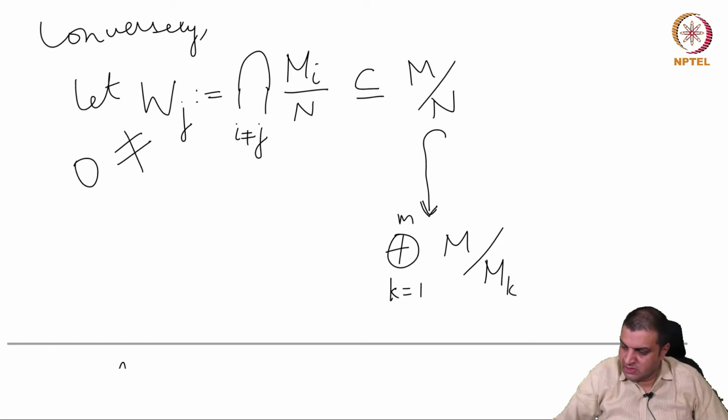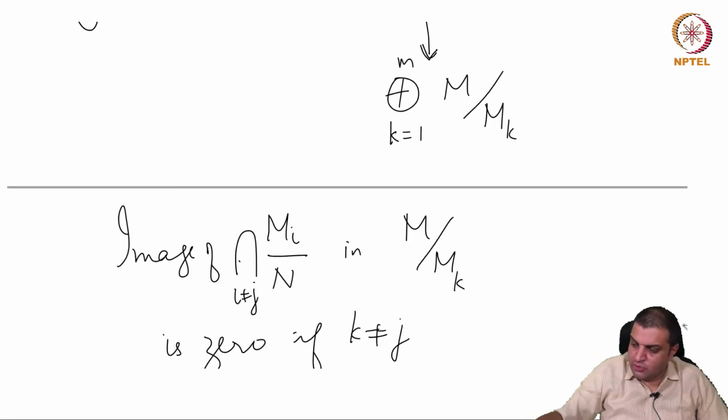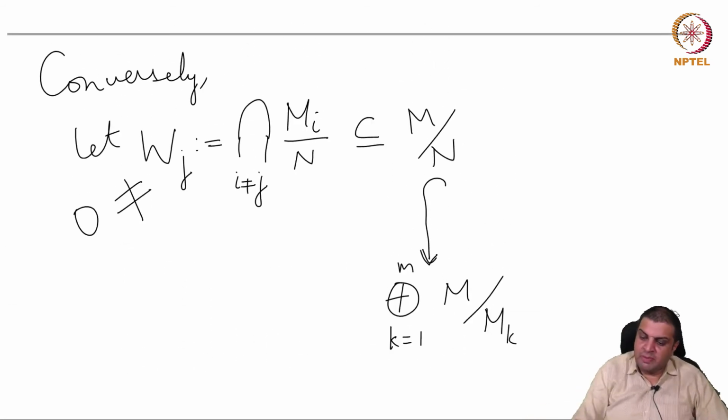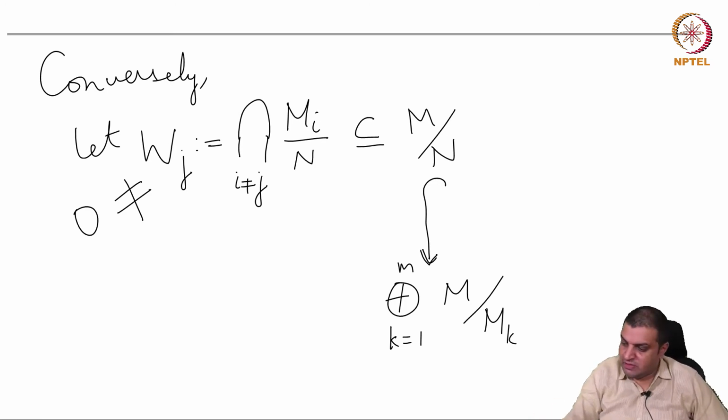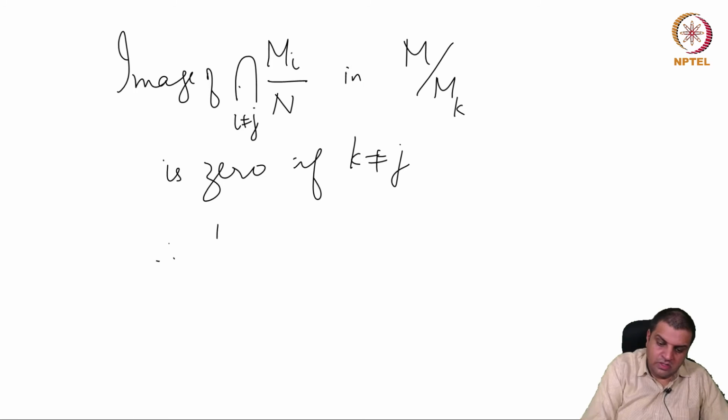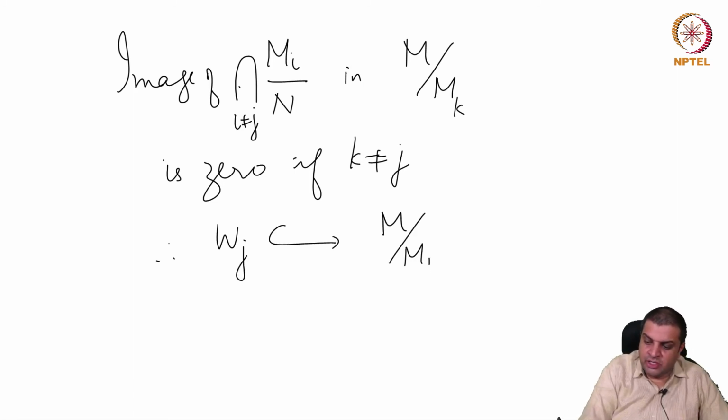Hence Wj, because this map has to be injective onto the jth factor here, injects into M mod Mj.